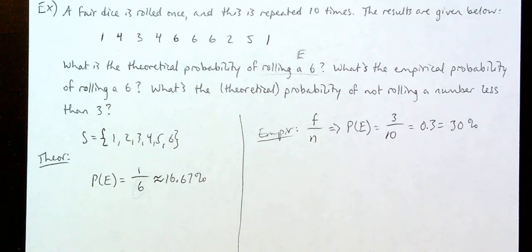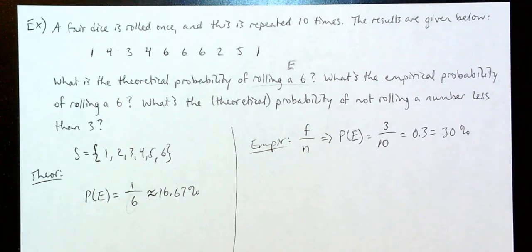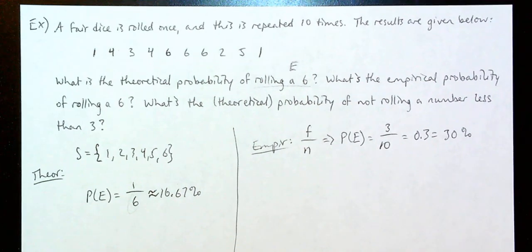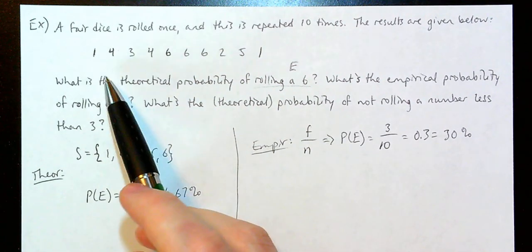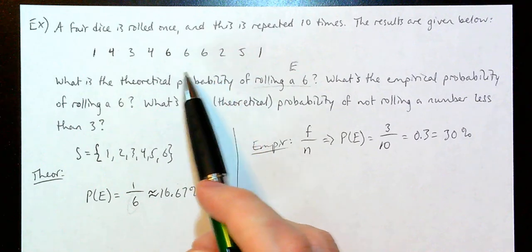But does that necessarily mean that these two things are never going to be even remotely close to each other? No, we're not quite saying that. What's giving us this significant difference between our empirical and theoretical probabilities is that we have done a relatively low number of trials here.